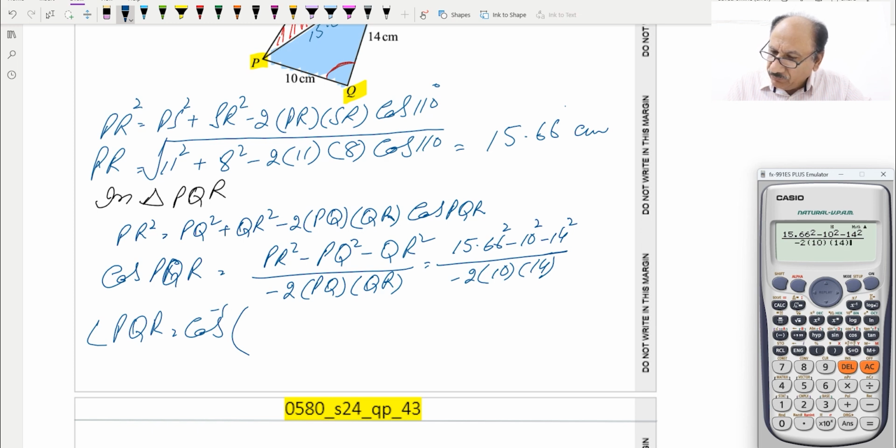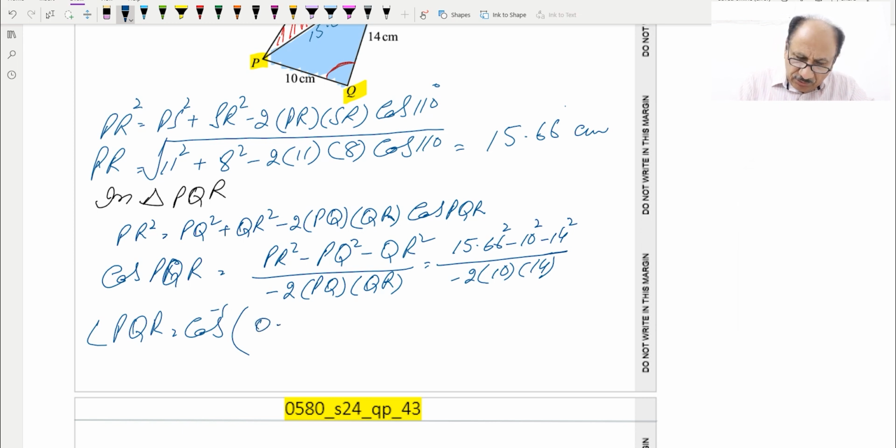This is equal to 0.1813, and then we can take cos inverse of this value.